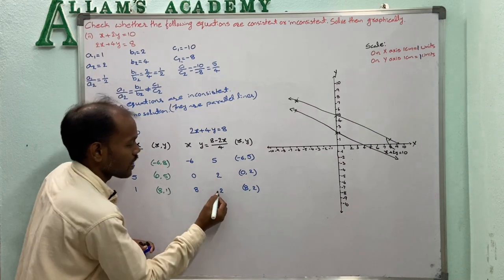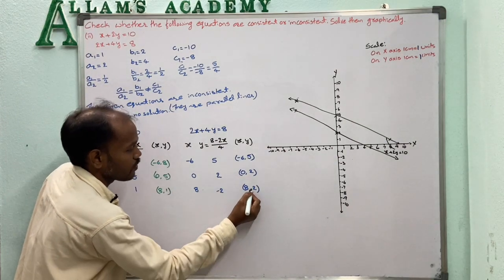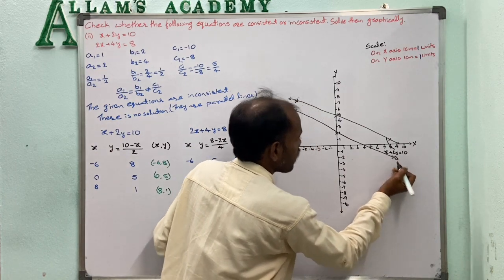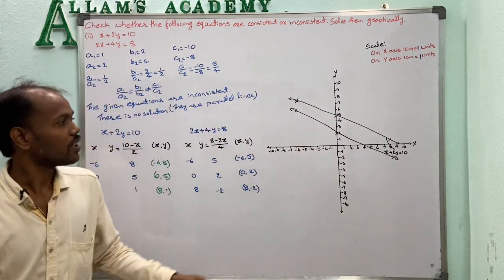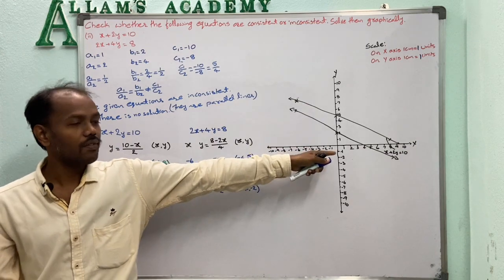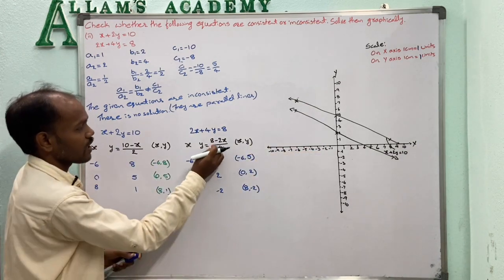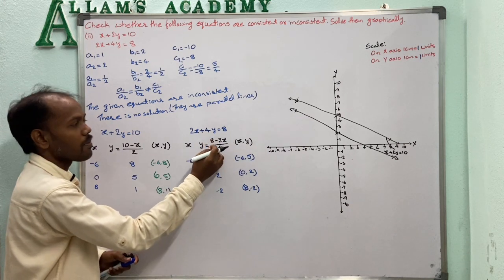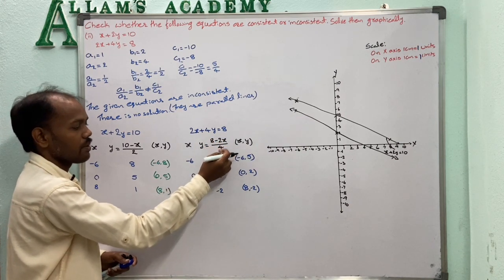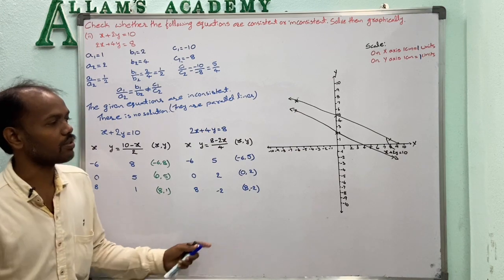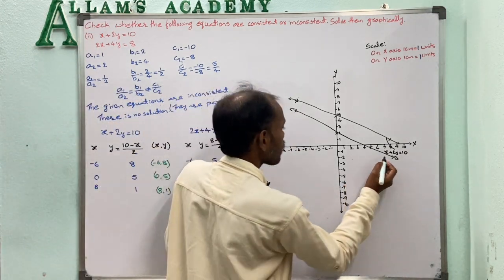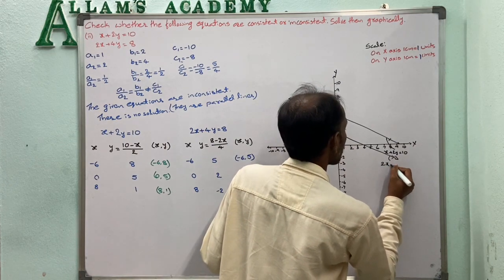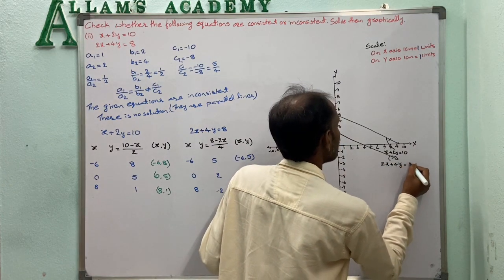Here we wrote it wrong, that is minus 2. So for 8, the corresponding y coordinate is minus 2. Here also if we join, we get a straight line. For 8, minus 16 plus 8 equal to minus 8, minus 8 by 4 equal to minus 2. So that line is 2x plus 4y equal to 8.